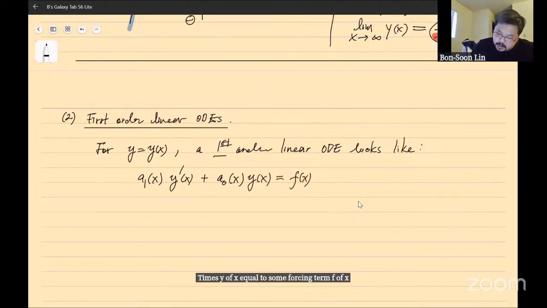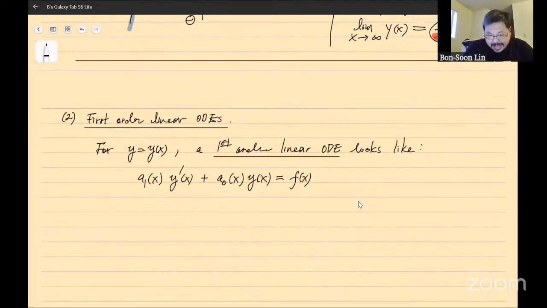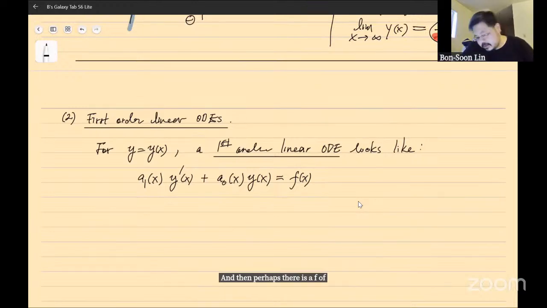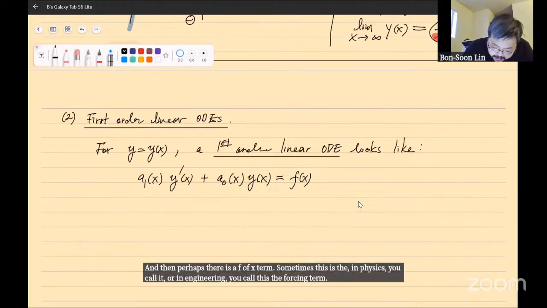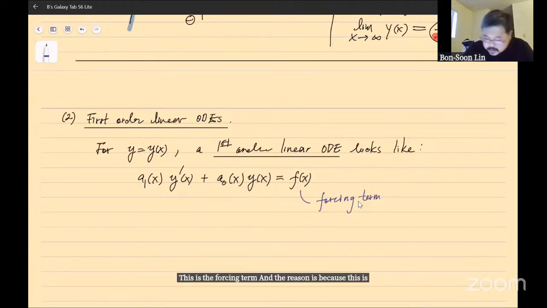So remember, first order linear ODEs all look like this. It's a linear combination of the derivatives of y with coefficients that are functions of x, and then perhaps there is an f of x term. In physics or engineering you call this the forcing term, usually some external force that you add to the system.